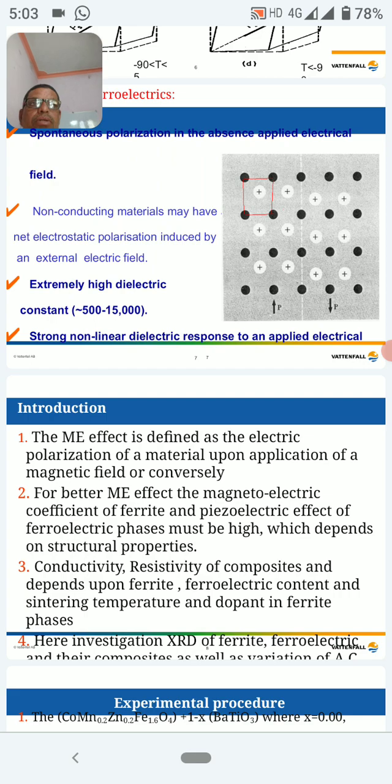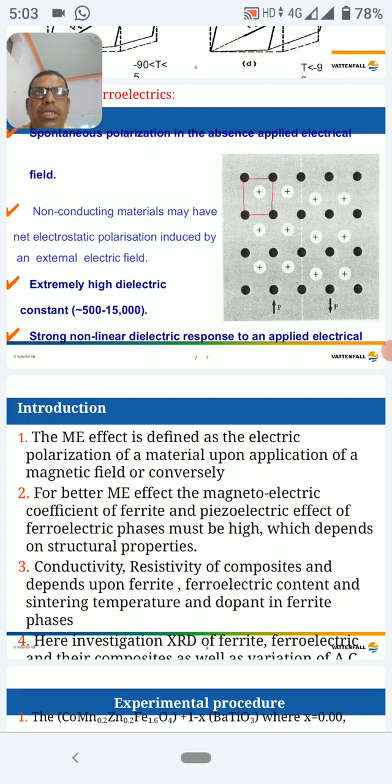When they are mixed with one another, their product property gives a new property, the magnetoelectric property. AC electrical conductivity and drift mobility also play an important role in this product property. This property is a contribution from the individual components and is proportional to the molar phases in these composites.